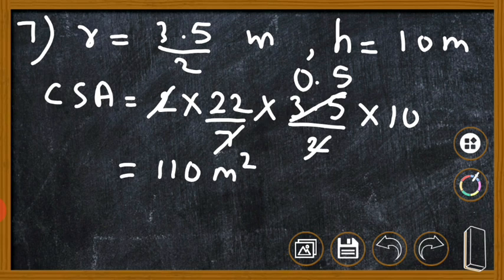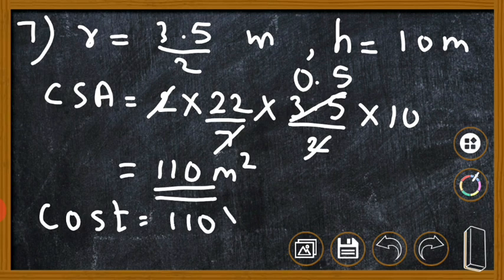But you have to calculate the second question. Calculate the cost of plastering this curved surface at the rate of rupees 40 per meter square. That meaning for 1 meter square rupees 40. So for 110 meter square, what will be the cost? The cost of plastering is equal to 110 into 40.